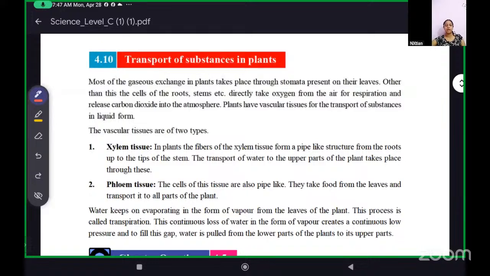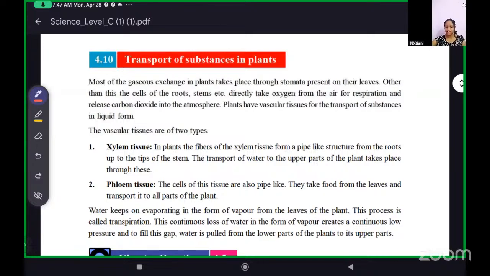They have different parts, and all of those parts require food and water. In our body, in humans, transportation is done by the circulatory system, but in plants, there are two types of tissues which carry out the transportation of substances.